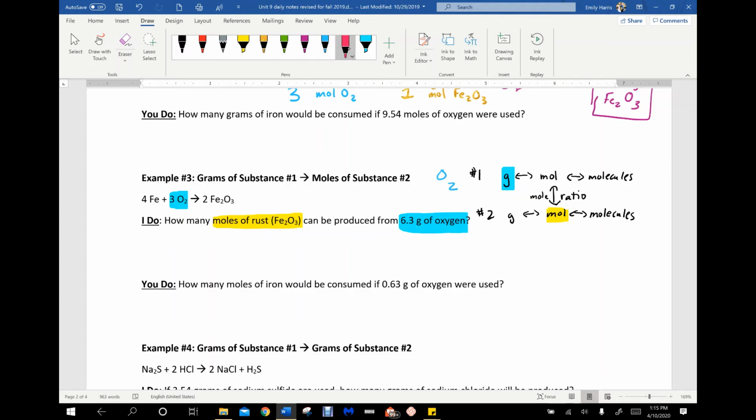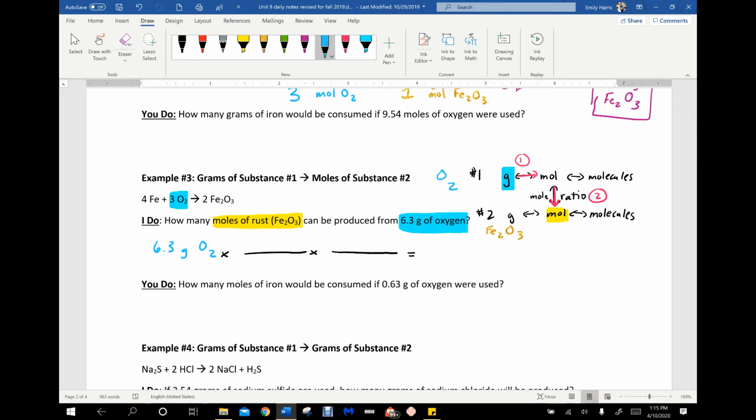And I'll go from grams to moles of oxygen using molar mass. My second step is to go from moles of oxygen to moles of iron using the mole ratio from the chemical equation. So let's go ahead and set up our problem. So my starting value is 6.3 grams of oxygen. This problem will take me 2 steps, so I'll set up 2 of my fraction steps there.